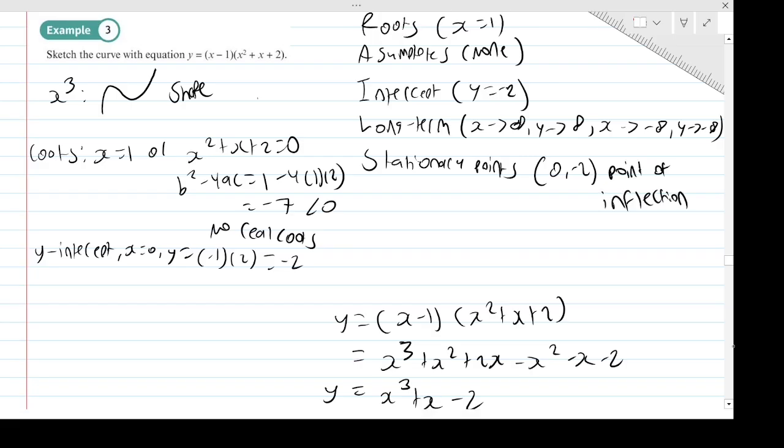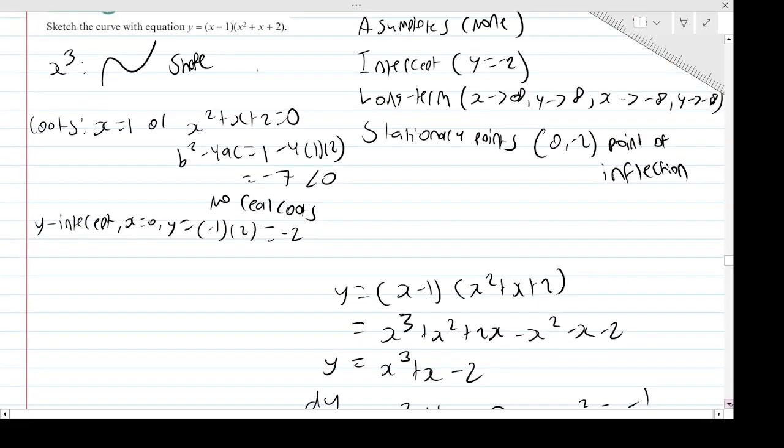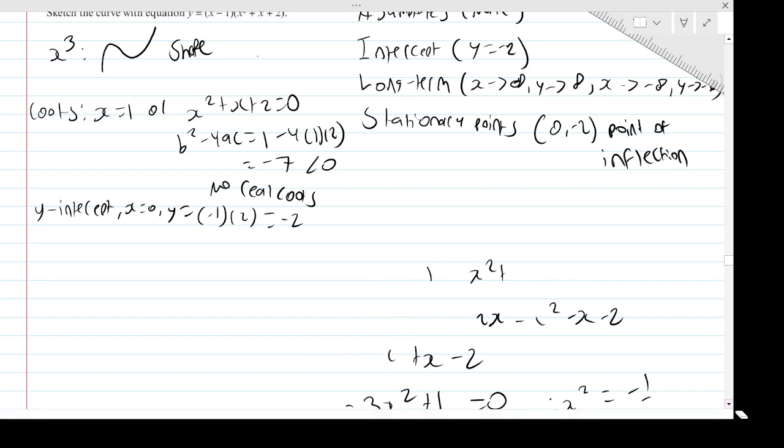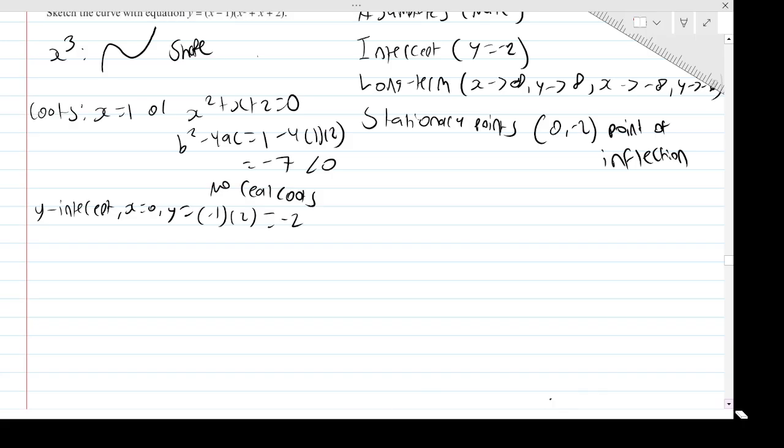Now we've got all the ingredients, so you can do an accurate sketch. So okay, I'm going to get rid of this now. So okay, we have x and y.